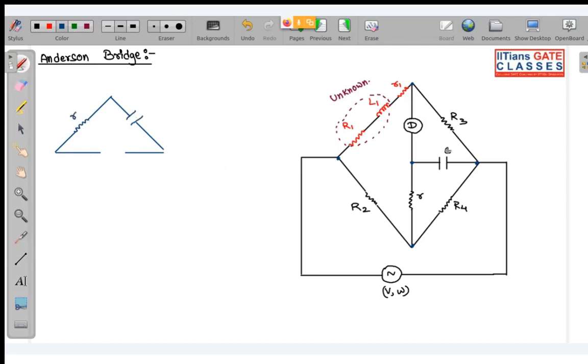So this is R, this is C. That means this will be j by omega C impedance, and this is R4. Okay, this is R4. So now let me draw the equivalent star network also.